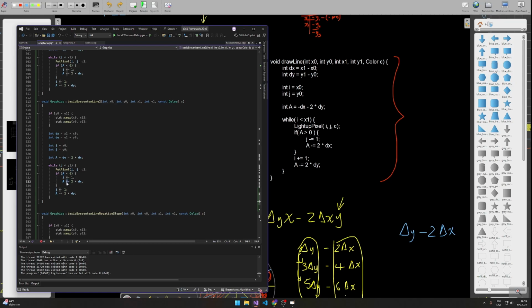And let me just check this term. So in this case, it should be dy, this should be dx, and this should be j, which is the one that will be increasing every iteration. Now it's y, the one that is increasing every iteration.